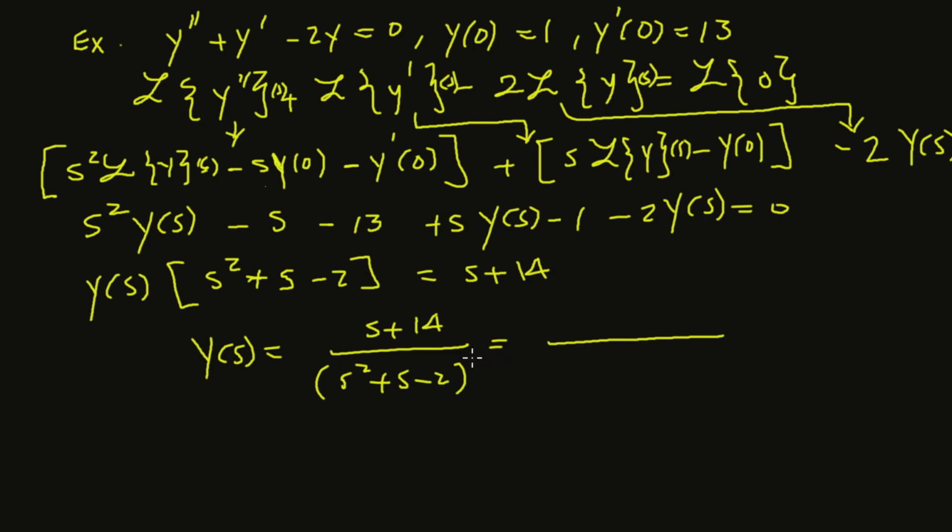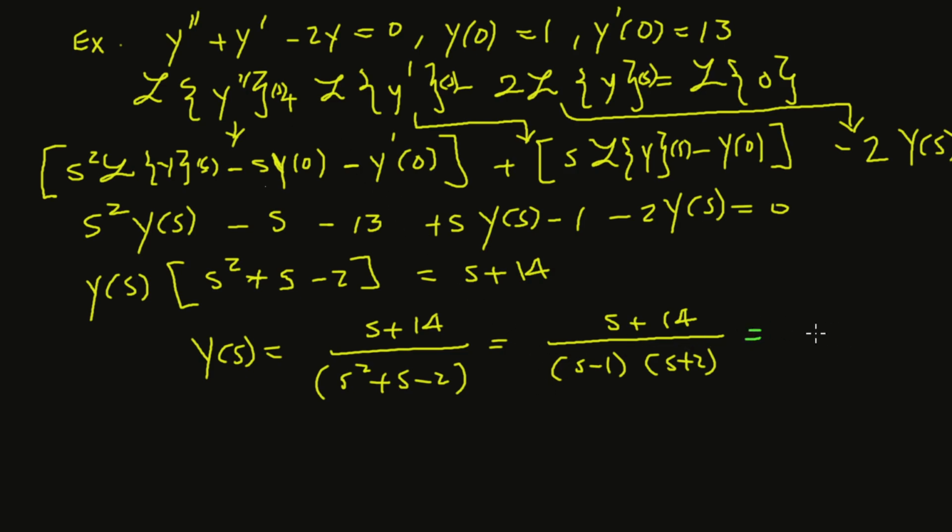I'll show you a nice method to use. Let's factor the denominator first: s minus 1 times s plus 2, with s plus 14 in the numerator. The method I will use for the fraction decomposition is called Heaviside cover-up. It works well with this type. So let me show you, let's change color here.